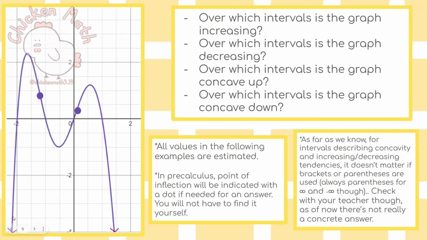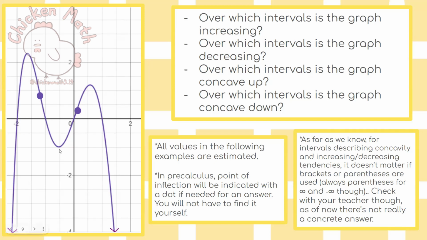So we can see that it goes to negative infinity, because there's an arrow, which indicates negative infinity. And then right here is where it stops increasing, which is roughly negative 1.7. So it would be over this interval, negative infinity to negative 1.7.